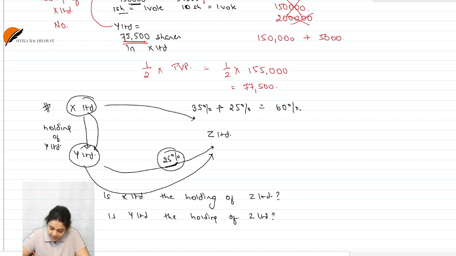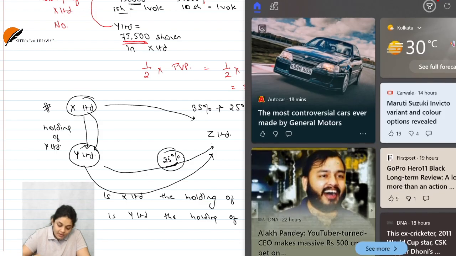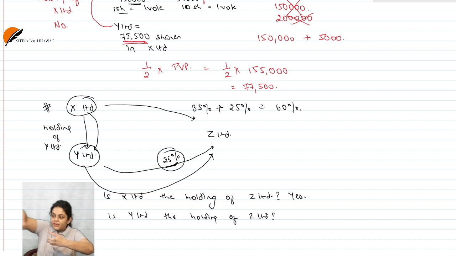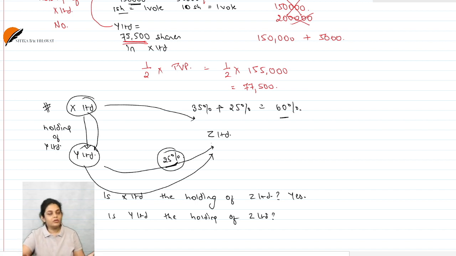So is X Limited the holding? Yes. What is given is I can directly hold or I can hold it through my subsidiary. Here I am directly not holding that much, but together with my subsidiary, I am holding 60%. Is it more than half? Yes. So am I the holding? Yes.